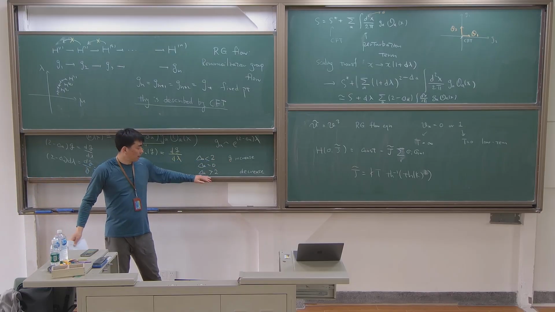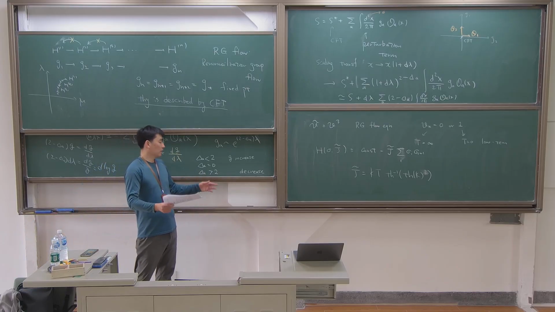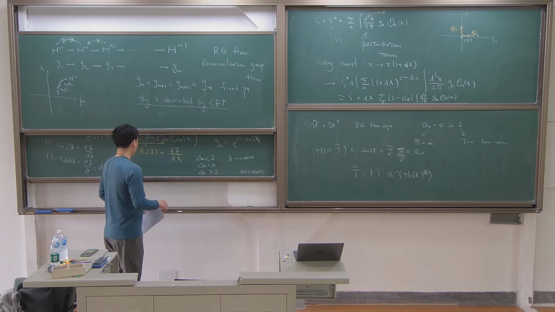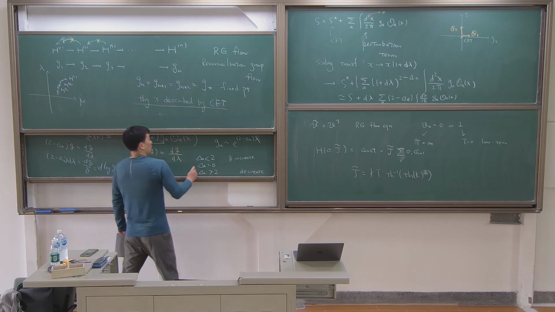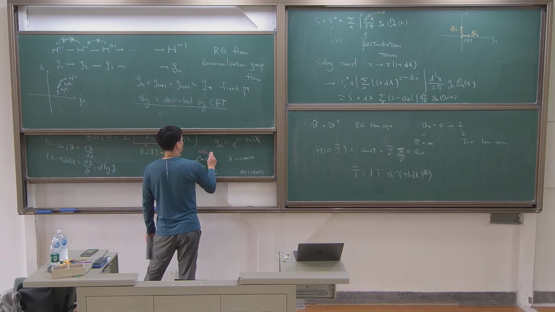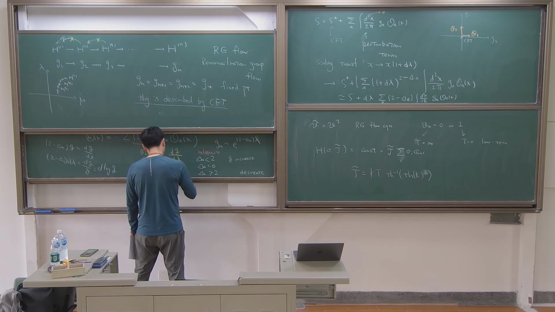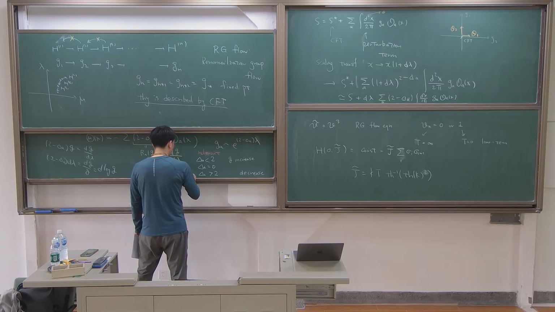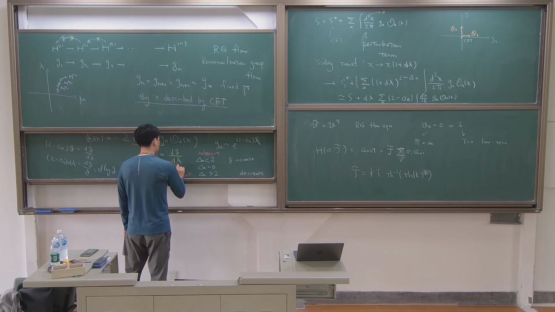Whereas if Delta is greater than 2, the coupling constant becomes smaller and smaller. So this one is called relevant and irrelevant. And Delta equal to 0 is called marginal.